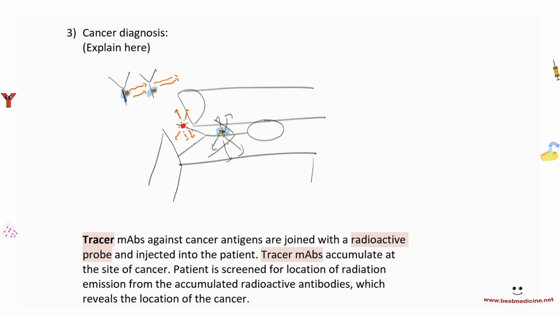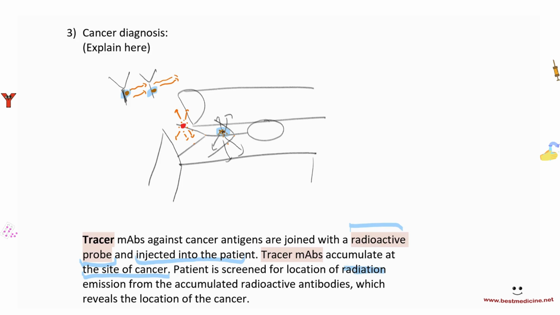So tracer monoclonal antibodies against cancer antigens essentially are joined with a radioactive probe, which is generating this radiation that is being emitted and detected. These tracers are injected into the patient, and the tracer monoclonal antibodies accumulate at the site of cancer. Once they accumulate, the person is placed under a detector to screen for the location of radiation emission.